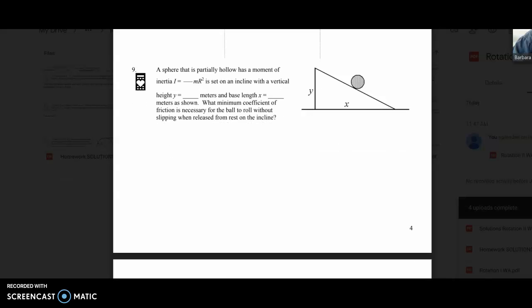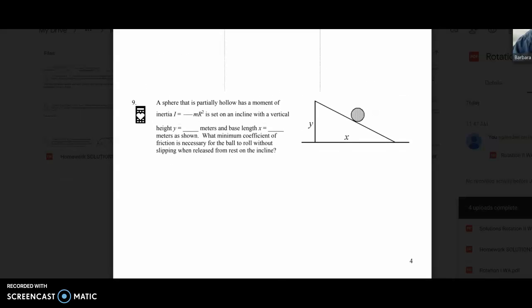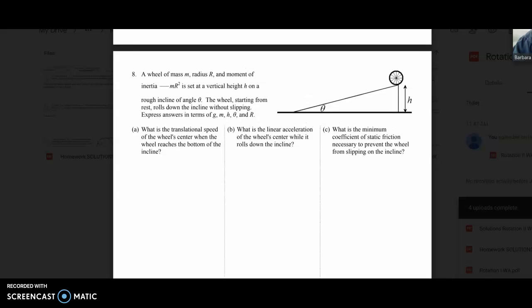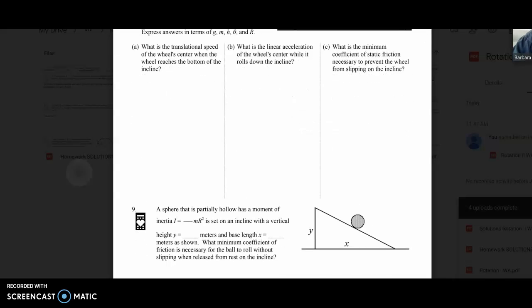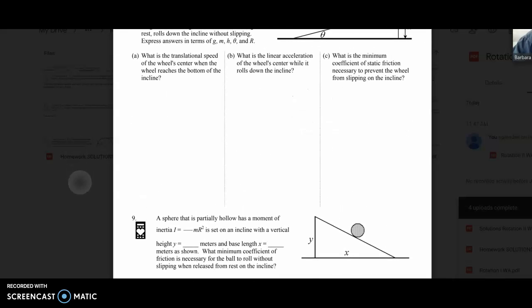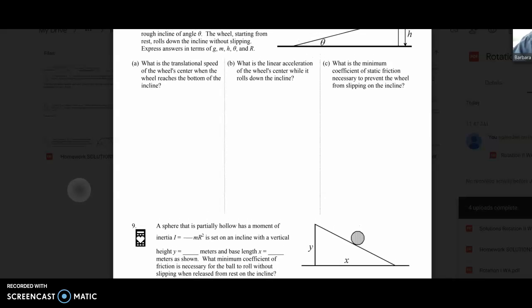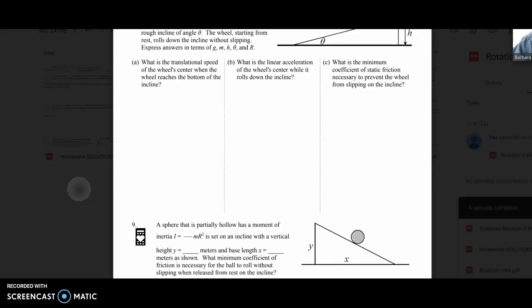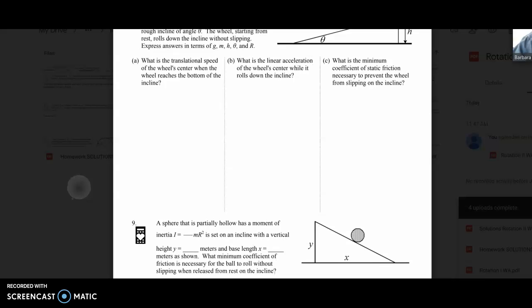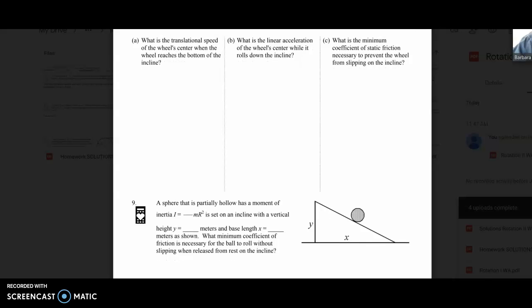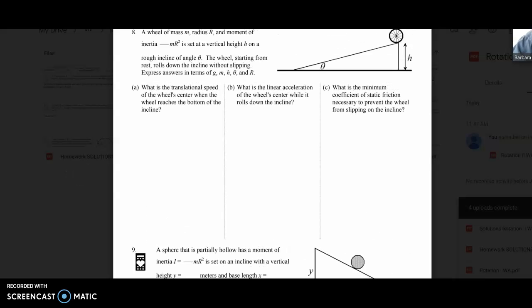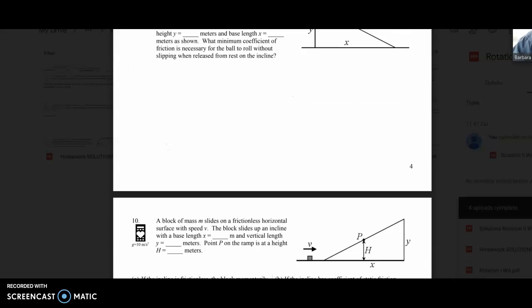If we take a look at 9, 9 is exactly the same as 8, except there are some different variables. There are a few things different in the notation. The rotational inertia is a little different. So I'd like to work 9 with you.